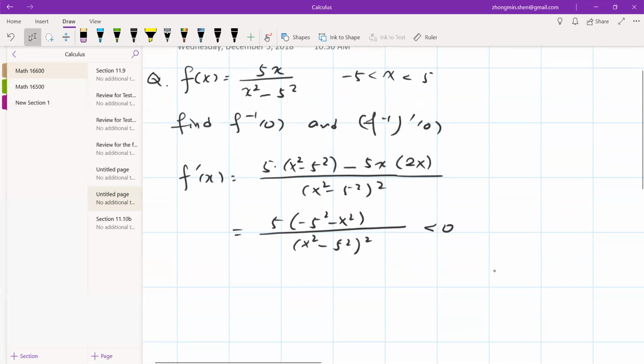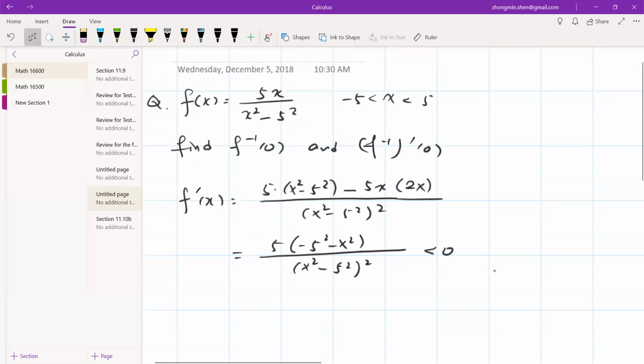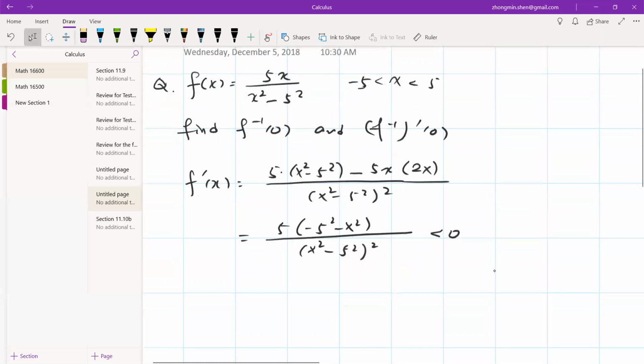If you can solve for the inverse, okay? This function is defined only on the interval from negative 5 to positive 5. Over that interval, the denominator is well defined, and the derivative is negative. It's not necessary to say it, but you can say that f is decreasing, which implies the inverse always exists.